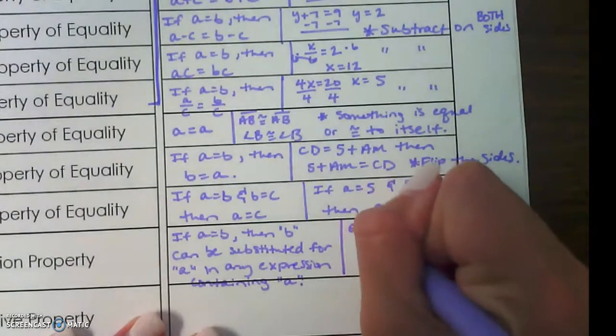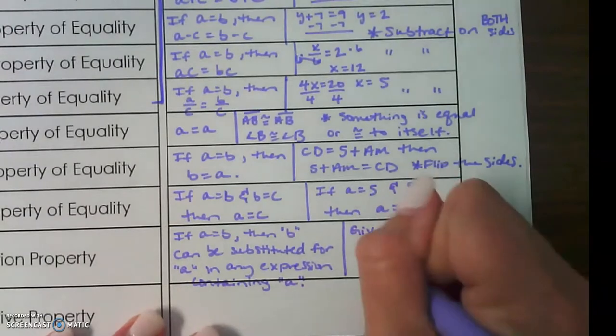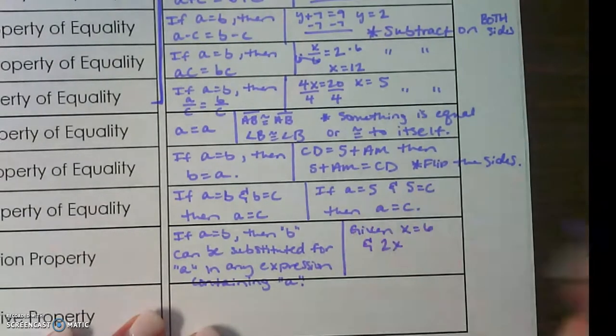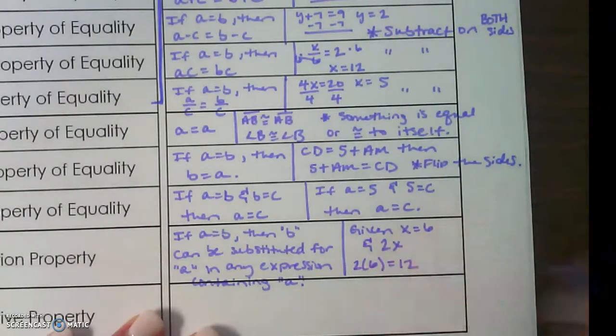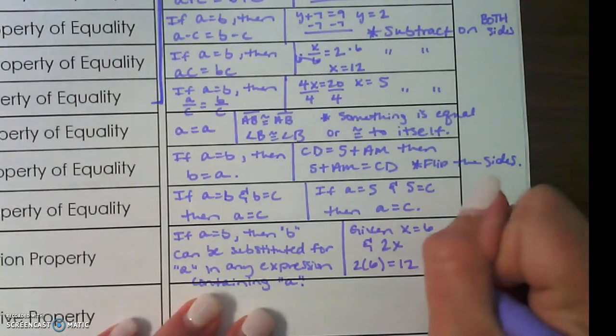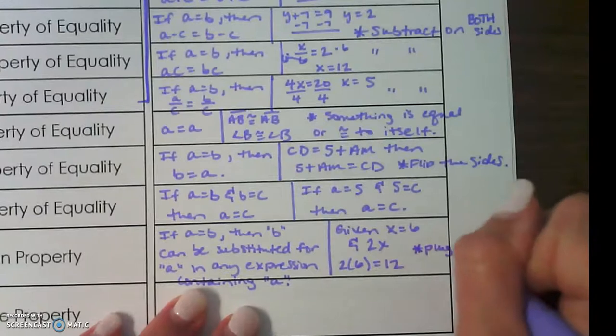Given x is equal to 6 and 2x, so we're given both of those pieces, we can plug 6 in for x to give us 12 as our answer. So we really just plug it into the equation.